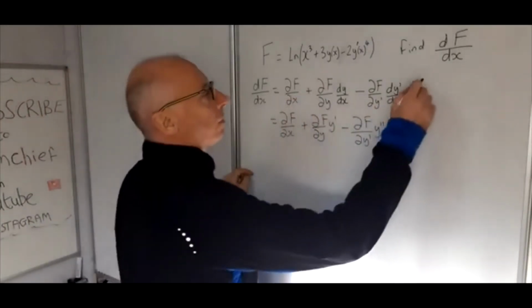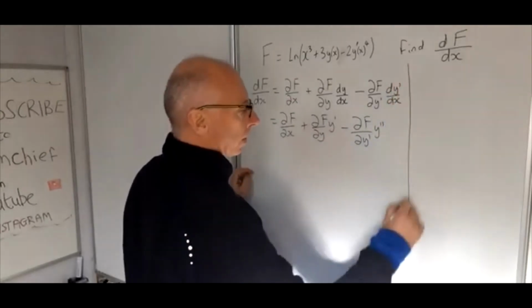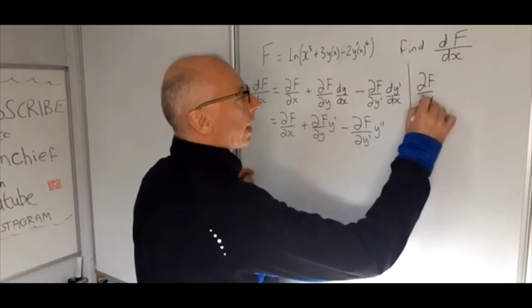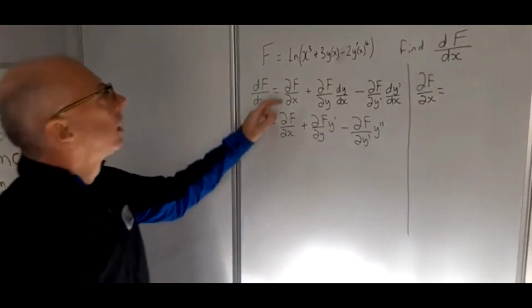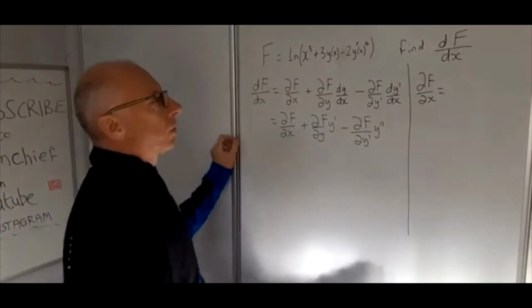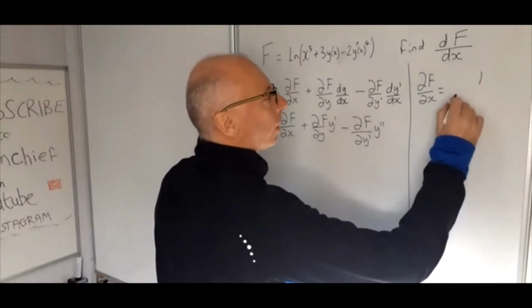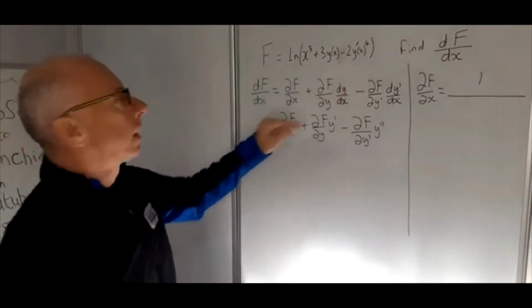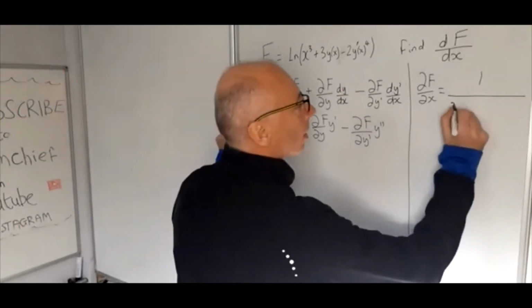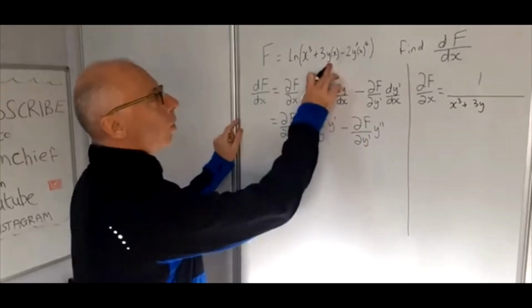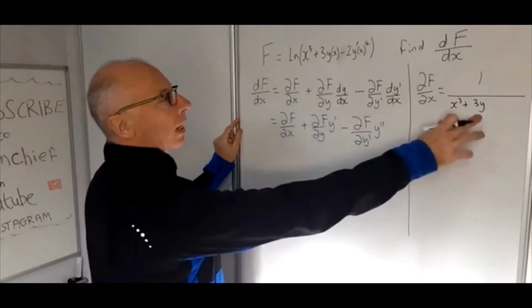So partial of f with regards to x. Let's make a little box here. As it's a log, the derivative of a log is going to be 1 over something. And the something will be the inside of the brackets, so it's x cubed plus 3y. I'm going to write y this time rather than y of x, as we now know it's a function of x.